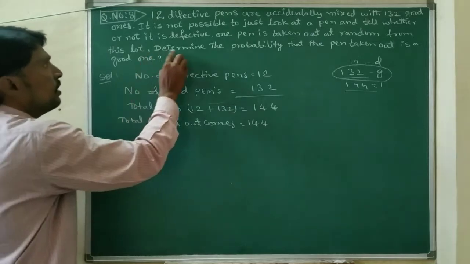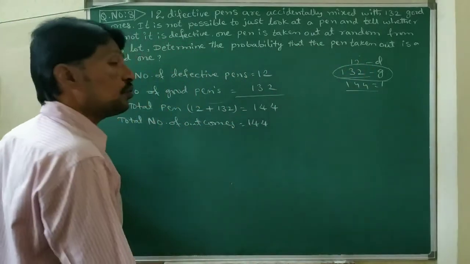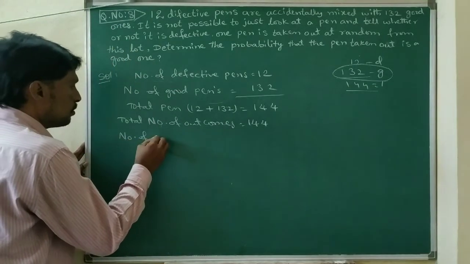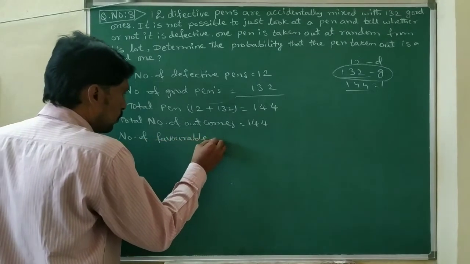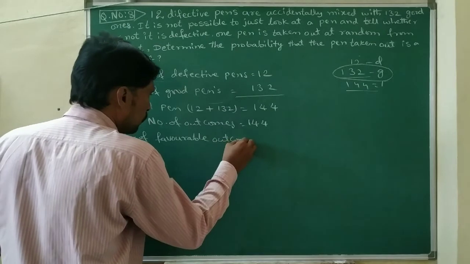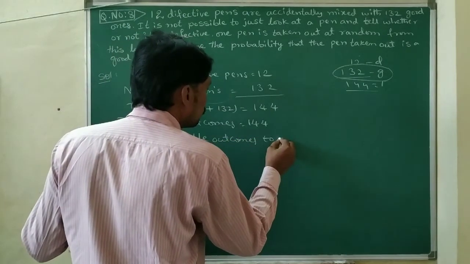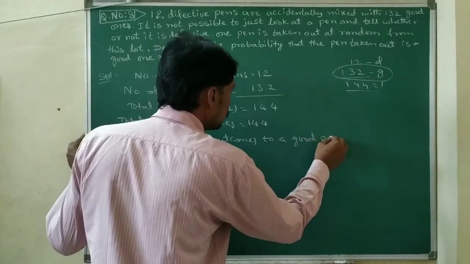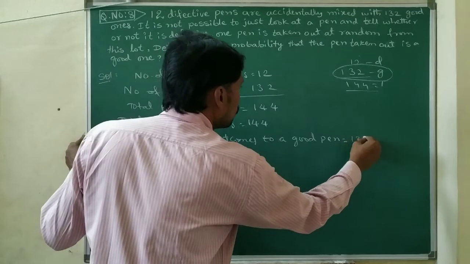Now we need to find the probability that the pen taken out is a good one. The number of favorable outcomes to a good pen, how many good ones are here? That is 132.